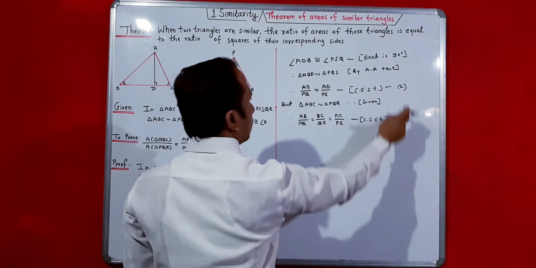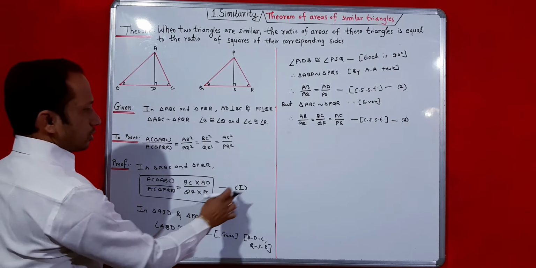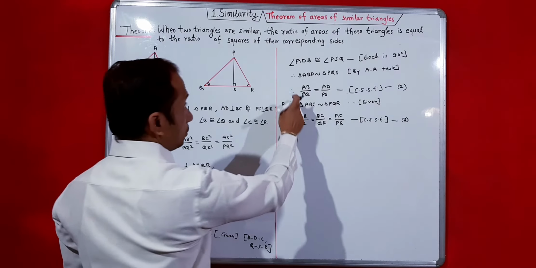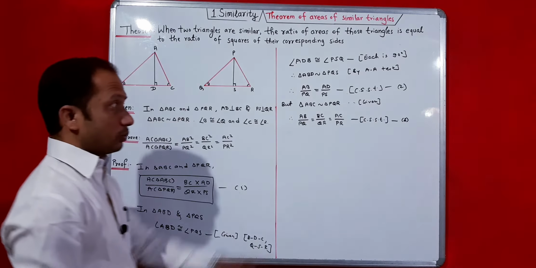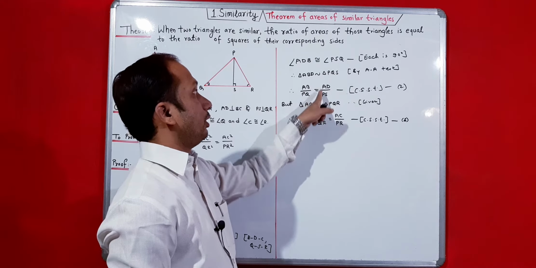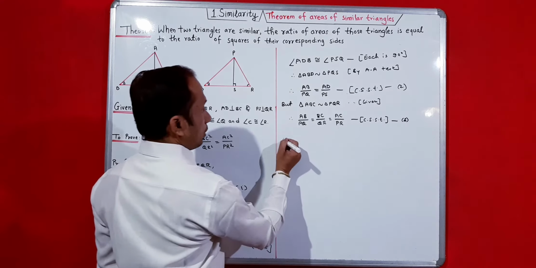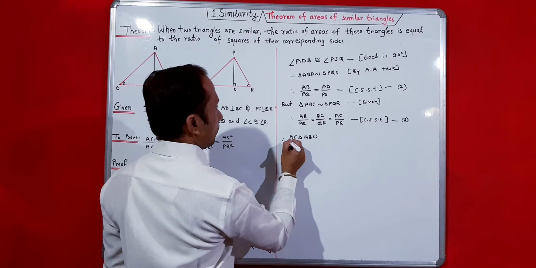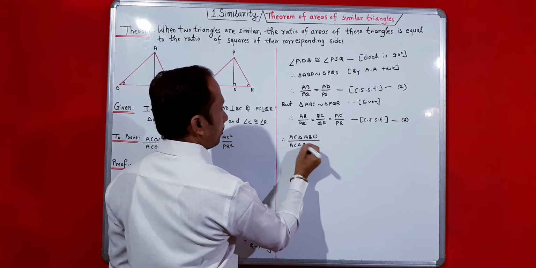Therefore, this is 1, 2 and 3. You can observe that AB upon PQ, BC upon QR, AC upon PR, and AB upon PQ, AD upon PS. Therefore, area of triangle ABC upon area of triangle PQR.